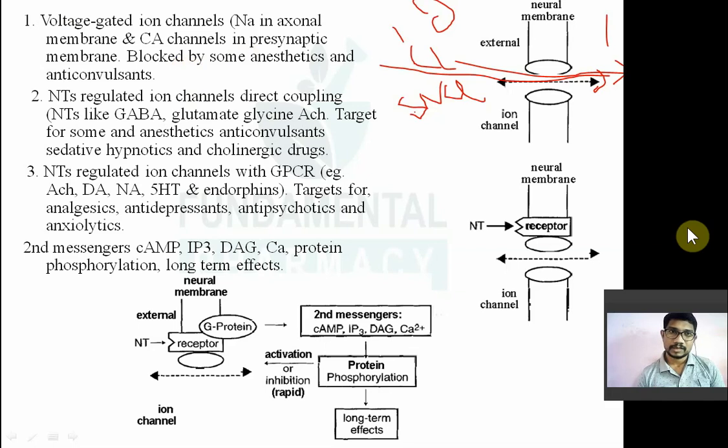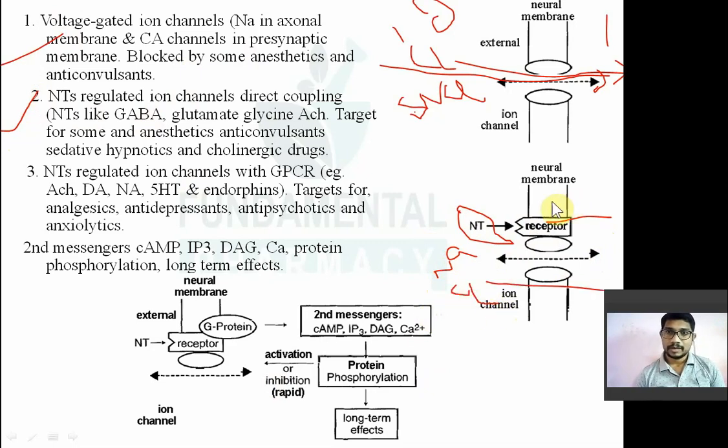Now the second type is the neurotransmitter regulated. What happens in this case? The neurotransmitter will be released and activate the receptor, which causes either entry or exit of various ions. Suppose sodium goes inside, again there will be depolarization and excitation. And suppose chloride goes inside, so there will be inhibition.